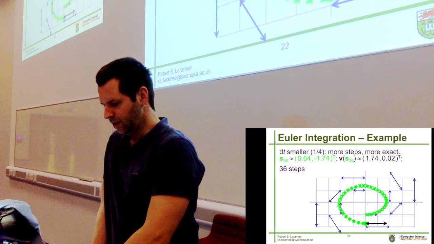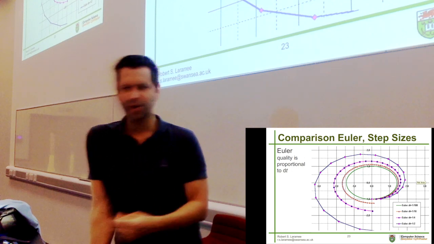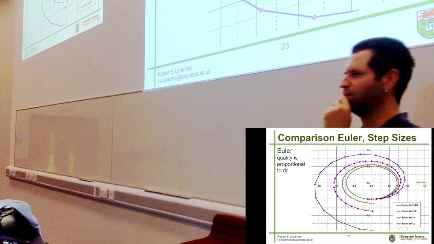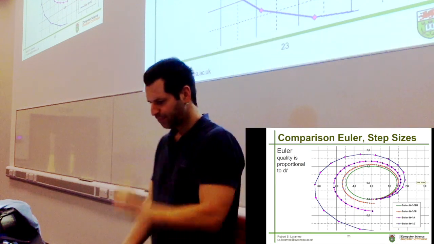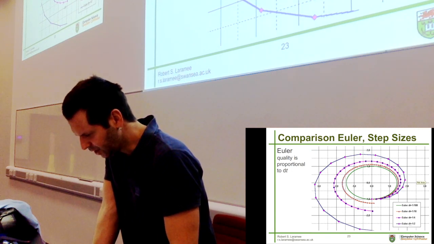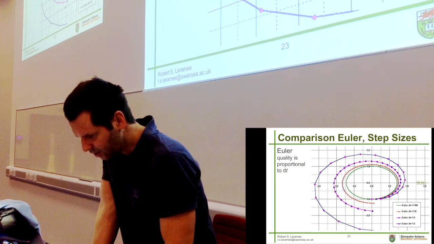And this is some results that compare different dts, or the space between the steps along the streamline. So we started out with dt 1/2, and that is this streamline on the outside.